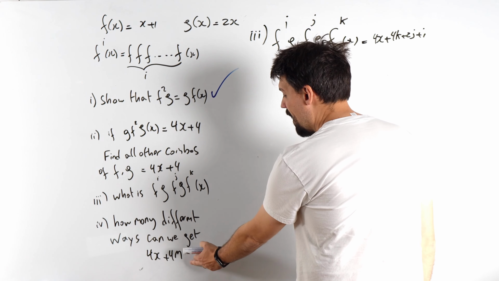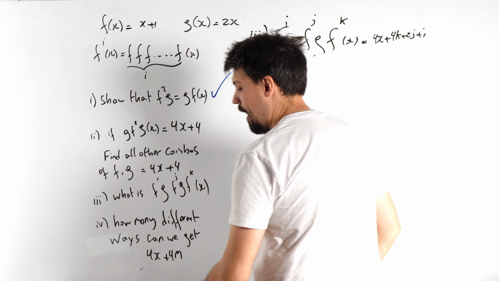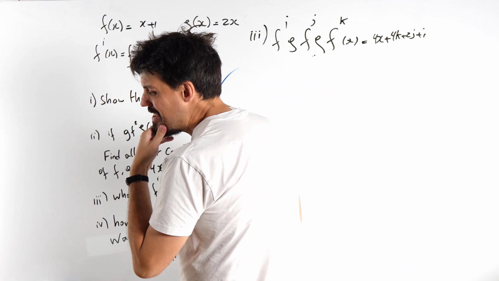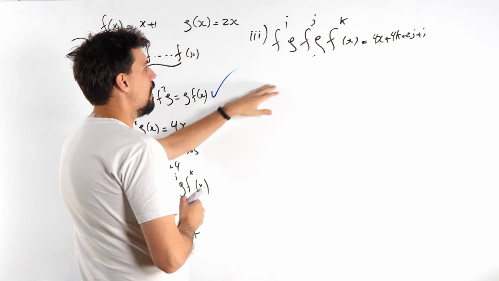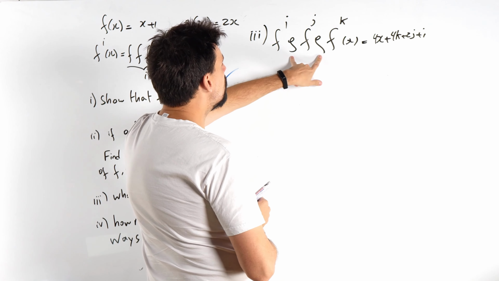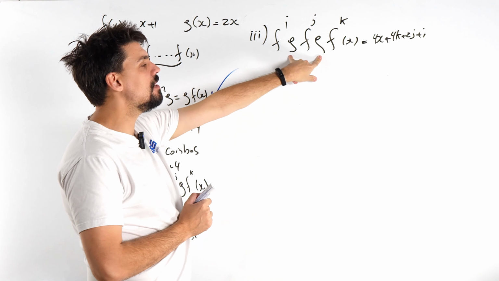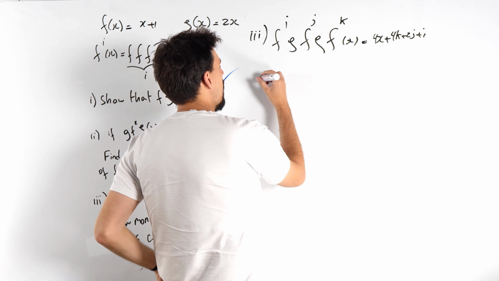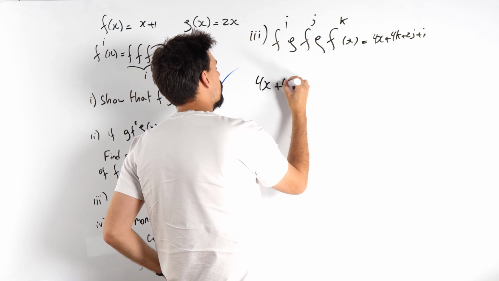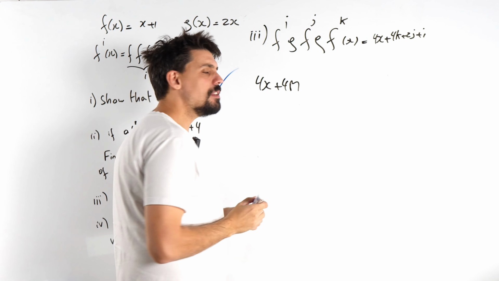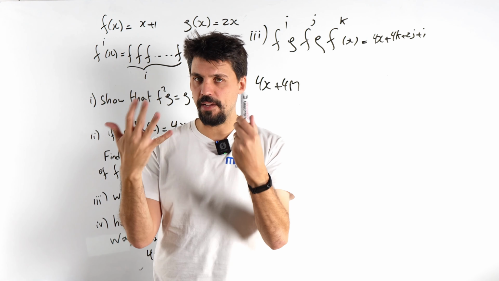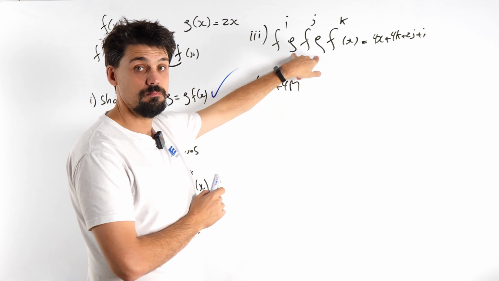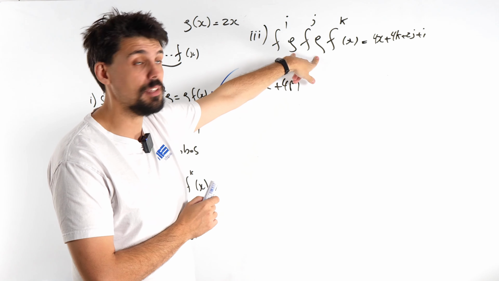So how many different ways can I get 4x plus 4m? Okay, so let's find out. Now we can only do g twice. So basically what we're saying, if I want to get 4x plus 4m, every time I do g, I double the input, I double the x. So I already know the most I can do is g twice. Funnily enough, the previous part is going to help us.